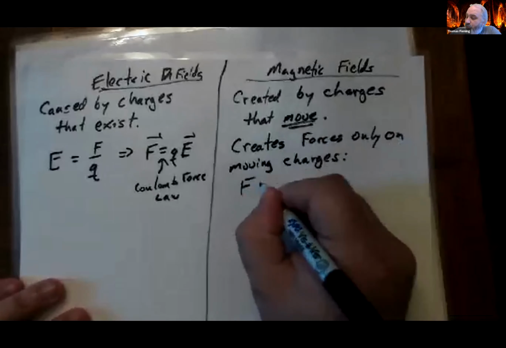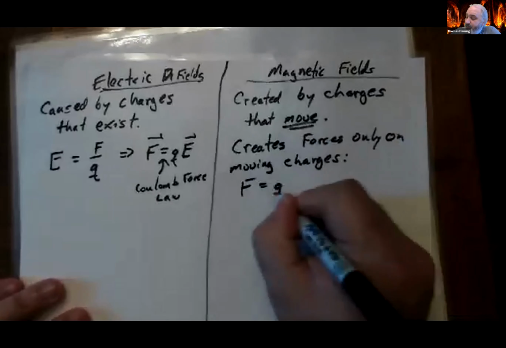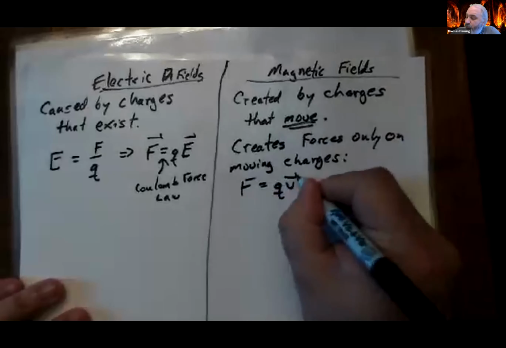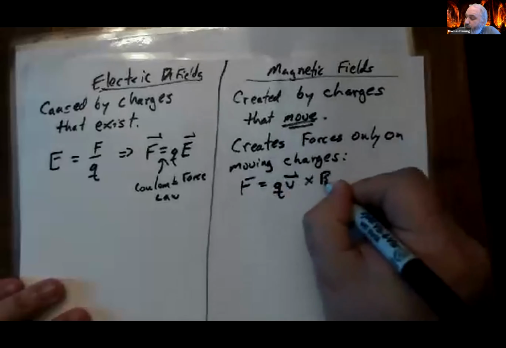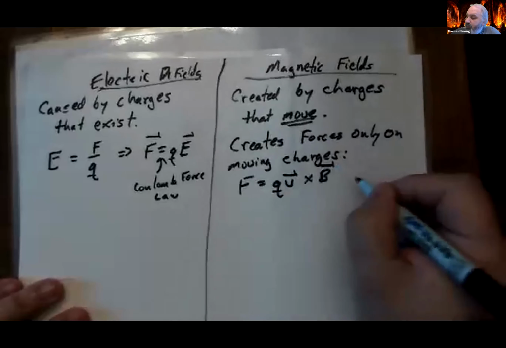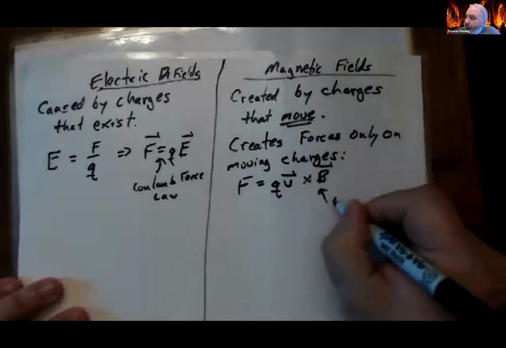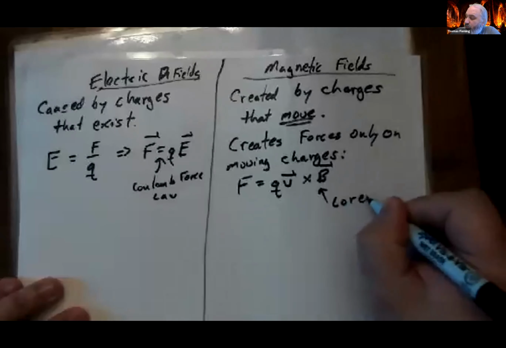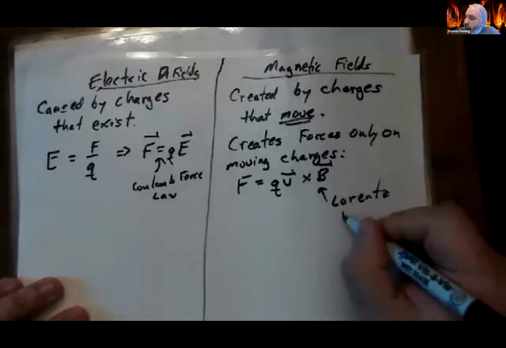So the force law for a magnetic field is F equals Q V cross B. This is called the Lorentz force law.